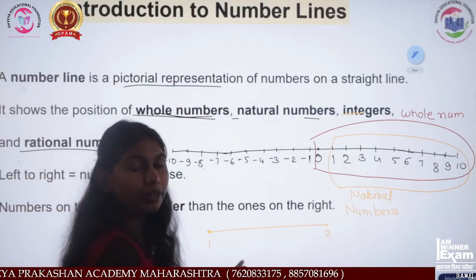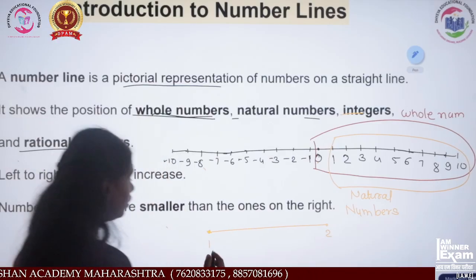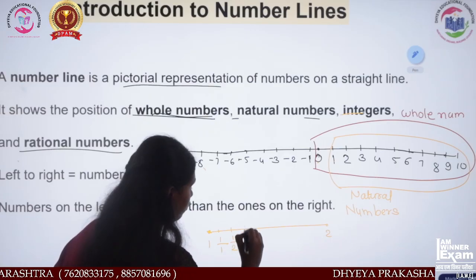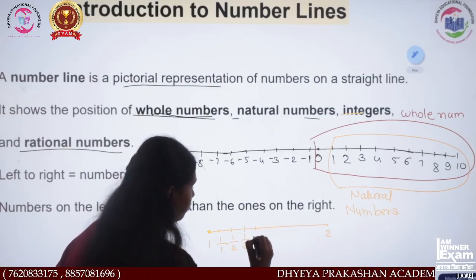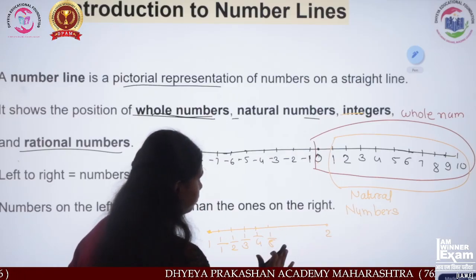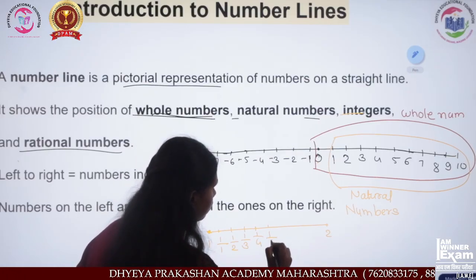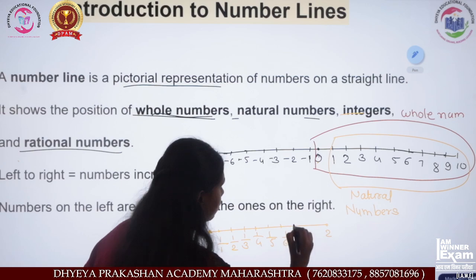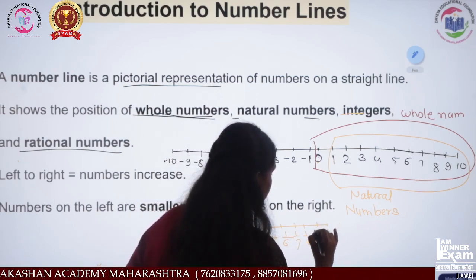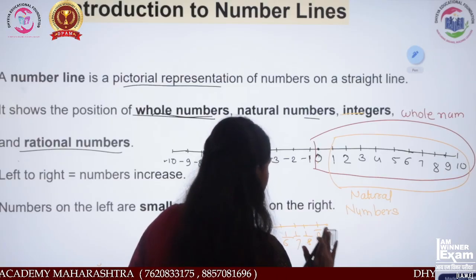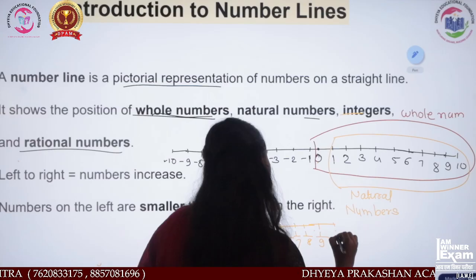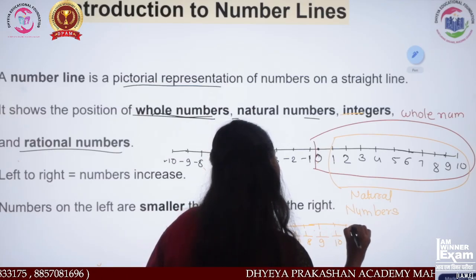Now in between this 1 and 2 there are numbers like this: 1 by 1, 1 by 2, 1 by 3, 1 by 4, 1 by 5, 1 by 6, 1 by 7, 1 by 8, 1 by 9 and up to 1 by 10, and then the number 2 is there.